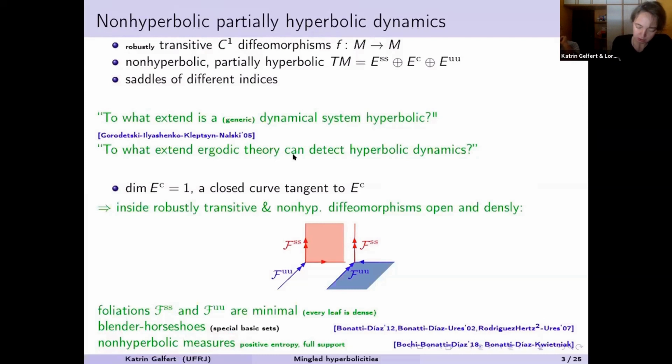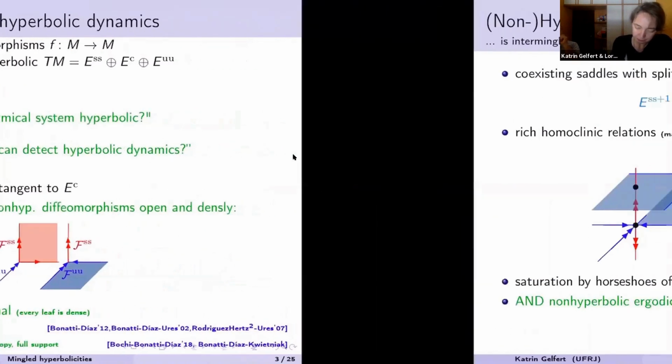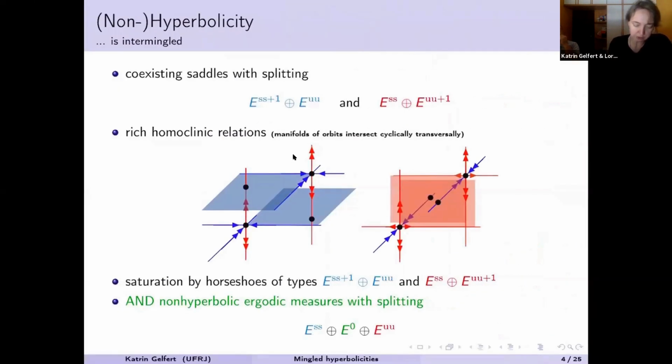Okay. So, there are systems which are diffeomorphisms where hyperbolicity coexists and is also intermingled with non-hyperbolicity. And so in particular, there exist saddles, hyperbolic fixed points of different type of hyperbolicity, meaning the dimension of the stable and unstable directions can vary.